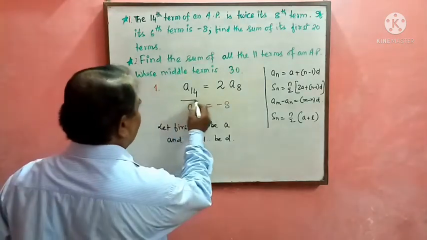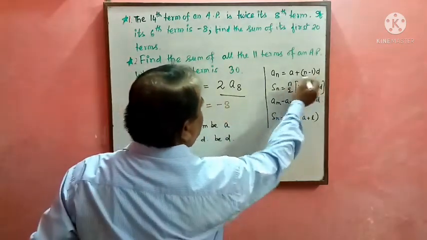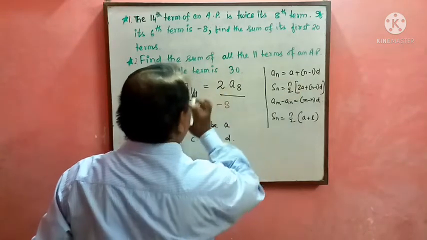We know the identity of the nth term with this n. Instead of n, 14 is given.